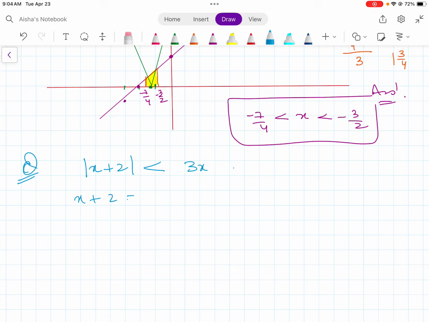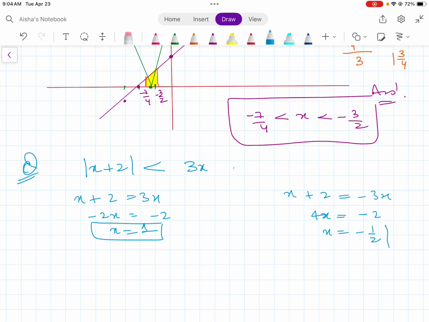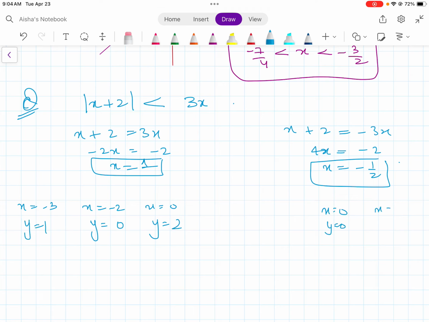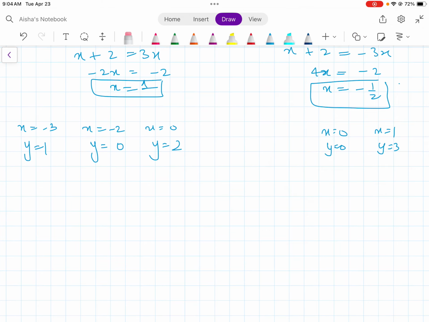So x plus 2 equals 3x. When x is minus 2, y is 0, x is 0, y is 2, and x is minus 3, y is 1. X is 0, y is 0, x is 1, y is 3. This is this kind of a graph. Let's sketch it.